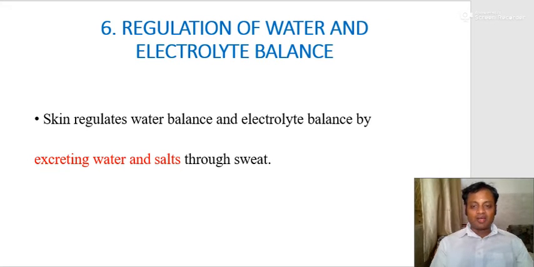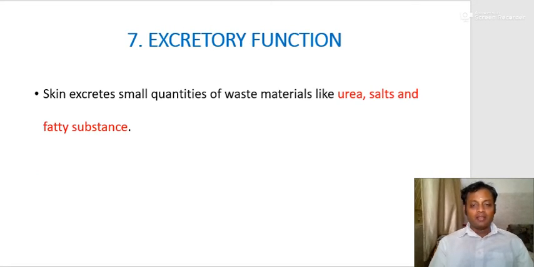Next, regulation of water and electrolyte balance. Water and electrolyte balance is also regulated by skin by excreting excess water and salts through the sweat. It excretes the excess water in the body in the form of sweating. Next, skin also acts as an excretory organ.